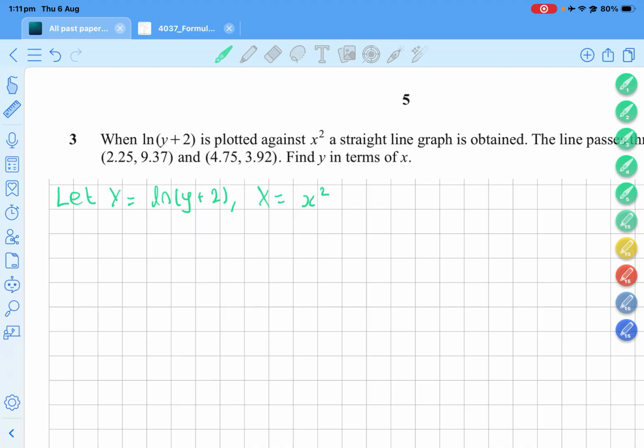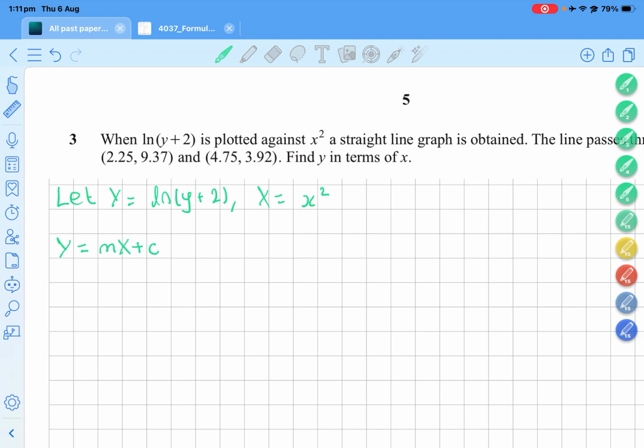Since this is a straight line, I would say that this thing equals m times this thing plus c. But what if I wanted to write that as y and x? So capital Y would be equal to m capital X plus c. What do I change? I changed literally nothing. So Y equals small m capital X plus small c.